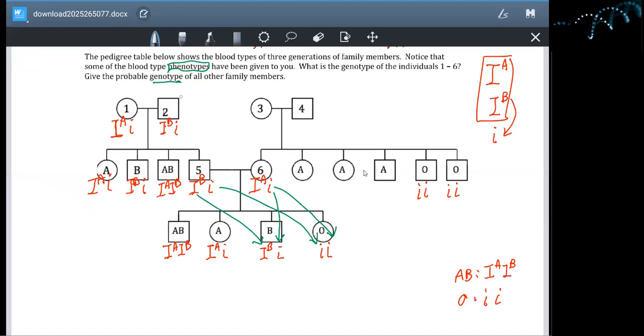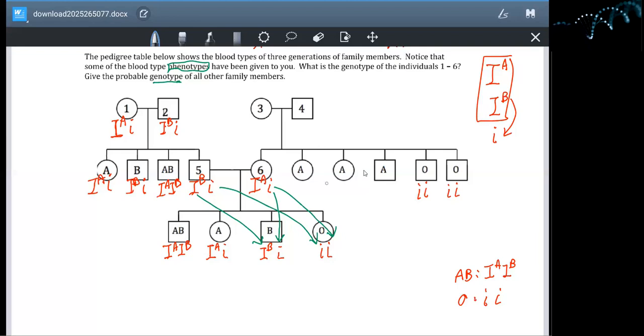So dad needs to have a little i to have a daughter with an A blood type, because this A blood type must have come from big IA from mom, and little i needs to be from the other parent. Okay, so these are all given. Hopefully that rationale makes sense. Think through this again if you didn't arrive at this. Logic is the most important thing for building these and answering these types of questions, okay?